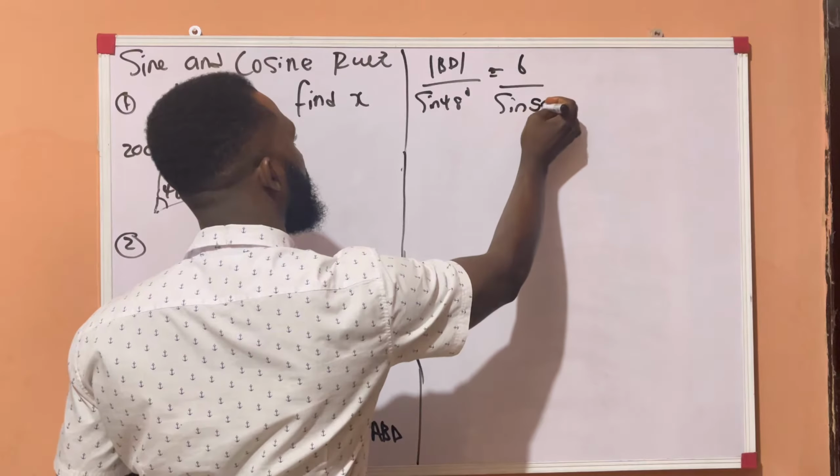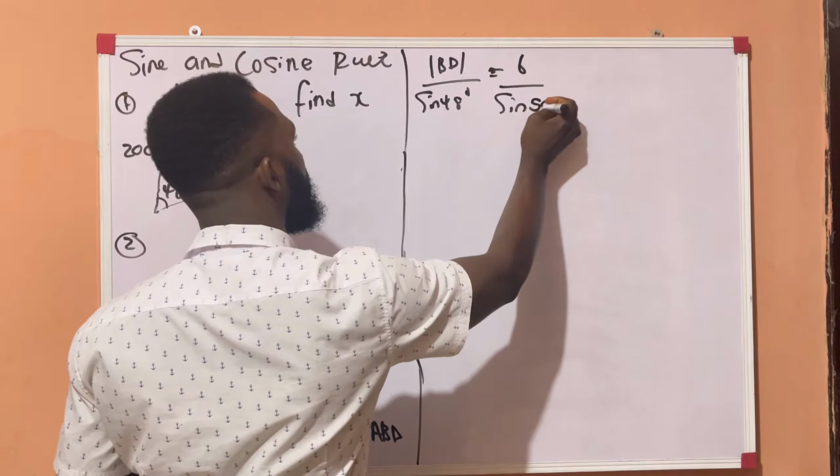Again, 50 degrees and 48 degrees are not special angles, so we are going to use our calculator once more. Sine 50 degrees gives us 0.7660.